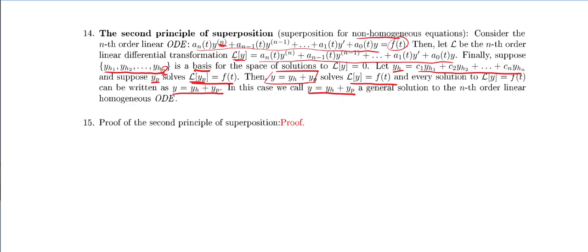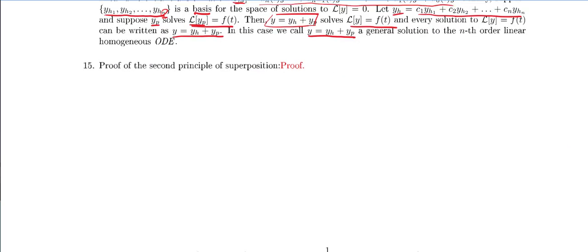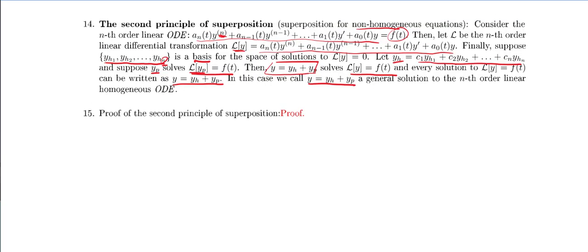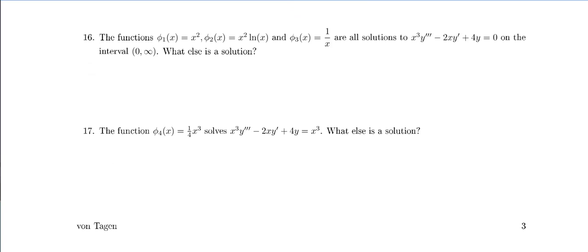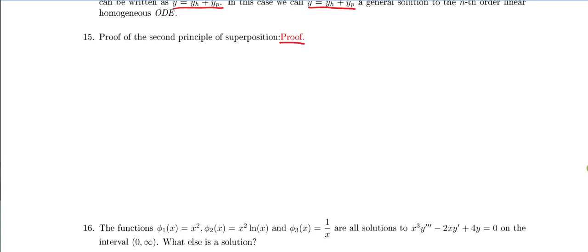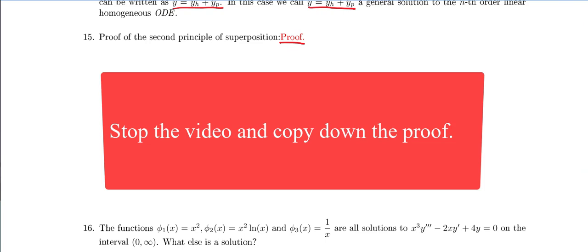So folks, that's a very complicated issue, but it really finishes up the work that we've been building for quite some time now. So please go ahead and copy down the proof of the second principle of superposition. It's not as lengthy as it might seem. Give it a shot, and then I will see you in the next video where we look at the consequences of that proof. So again, pause the video, copy down that proof, and I'll see you in a moment.